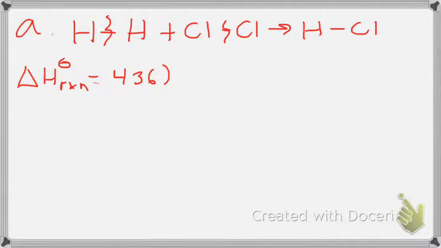Now we're going to add that to the amount of energy required to break that single bond between the two Cl's. If you look at the table, that is 242 kilojoules of energy. Now that's the number of bonds that are going to be broken, and we add those together, that would be the total amount of energy required to break all bonds in the reactants.